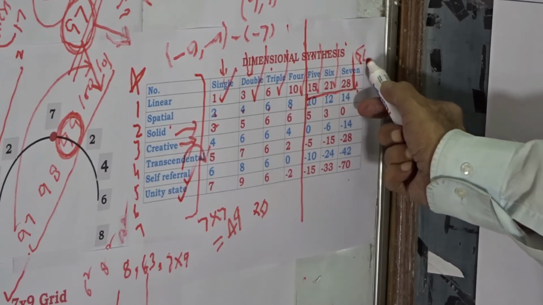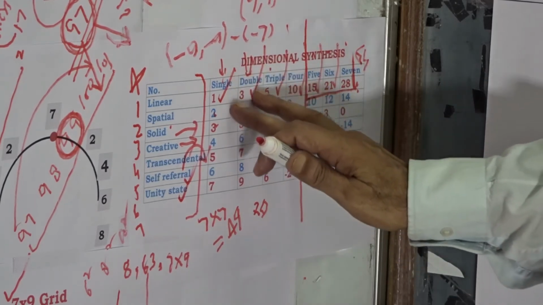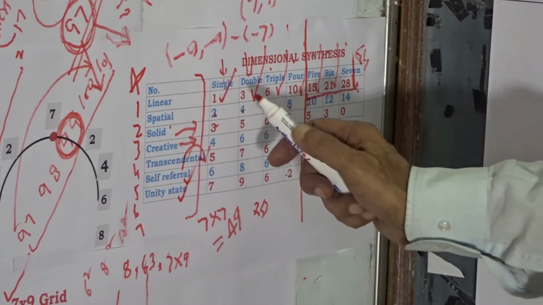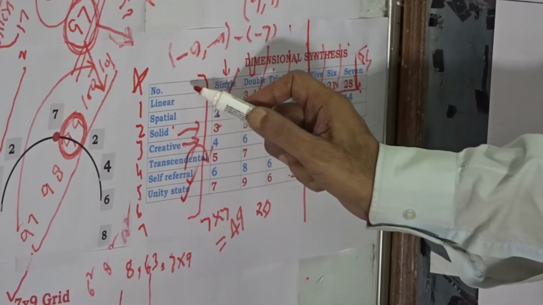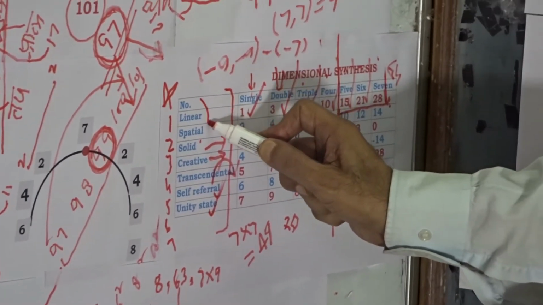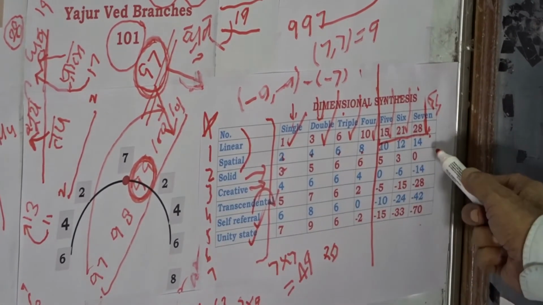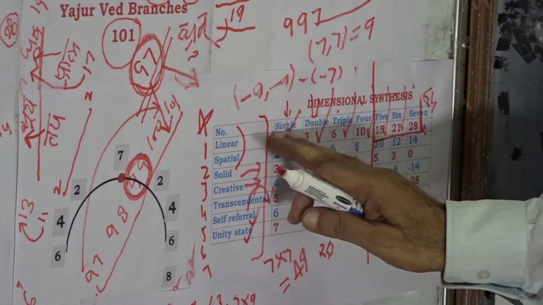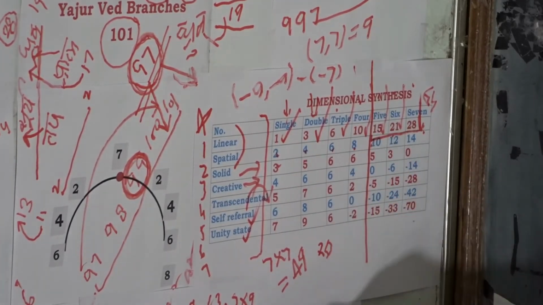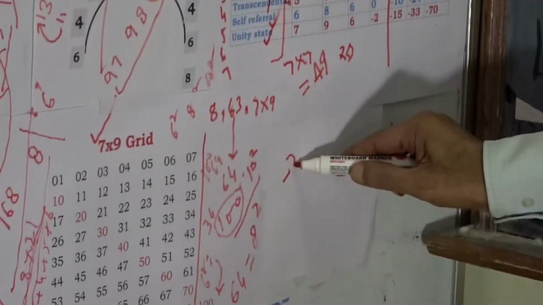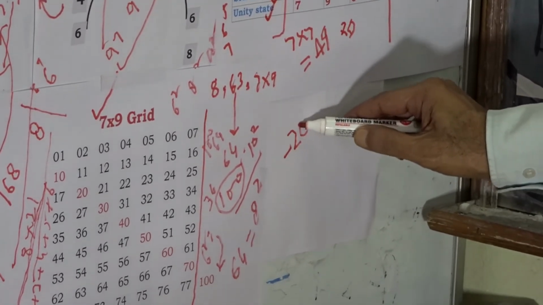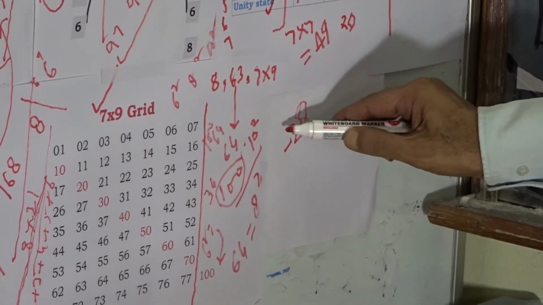Now if we have a comparison of these summation values and if from linear values we have the subtraction or comparison with the spatial, we see the difference value of the summation value is going to be 28. So at each step there is going to be a diminishing value of 28.